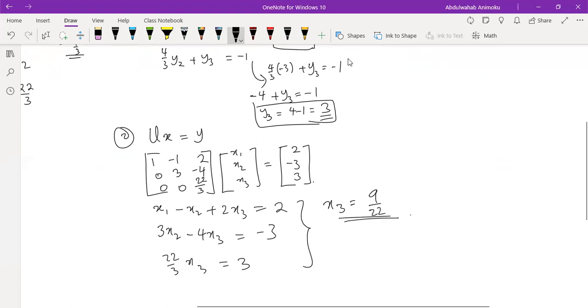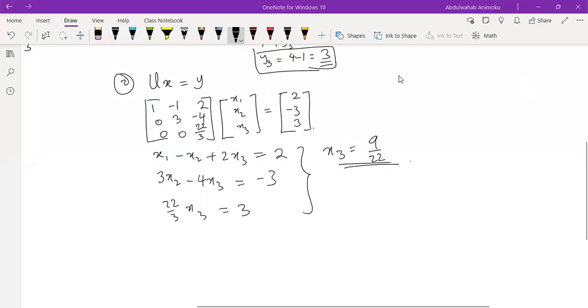And then we substitute this x3 into the next equation. So if we do that, what do we have? We have 3x2 minus 4 times 9 over 22 equal to minus 3. So, again, we had to do some tough maths here. So 4 times 9 is just 36 over 22.